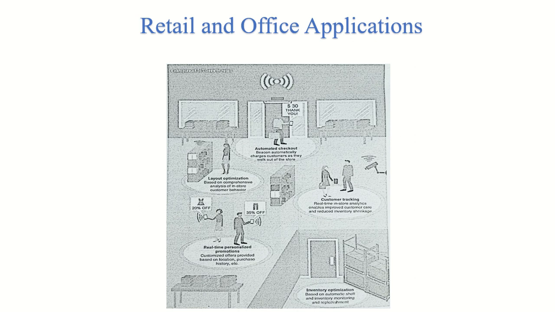Then the third sector, which is very interesting, is retail. The retail environment has undergone significant change over the past 2 to 3 decades because of the introduction of IT and the rise of online shopping. IoT has the potential to cause even greater disruption.